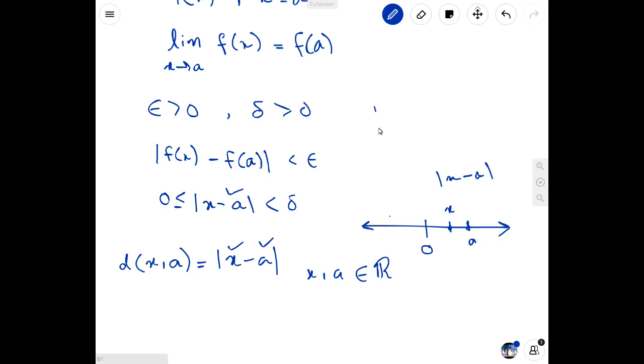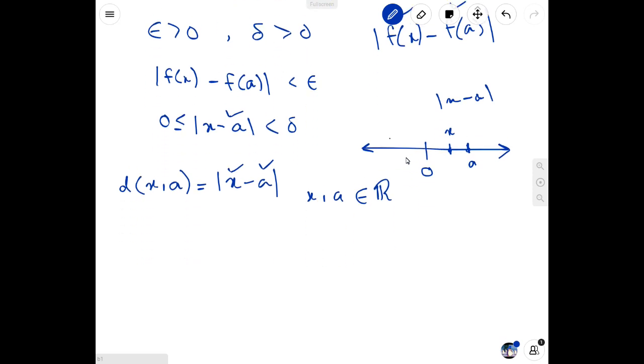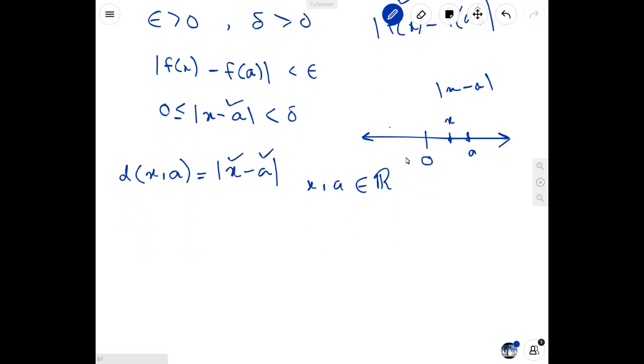Similarly, absolute value of f of x minus f of a is also the distance between f of x and f of a.